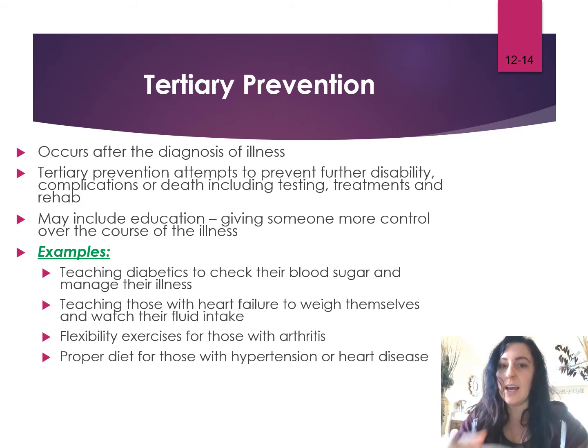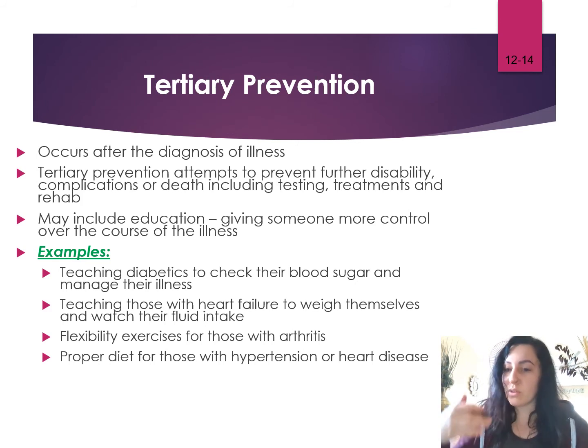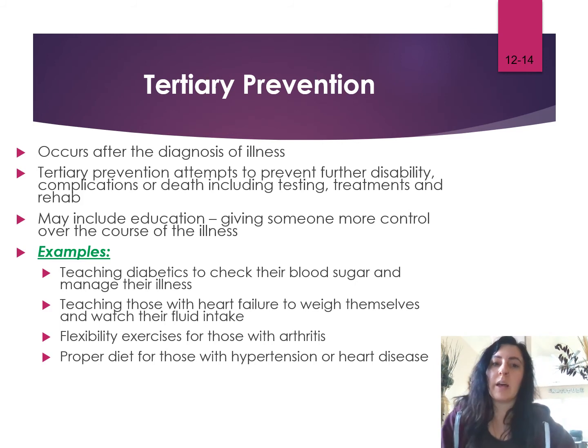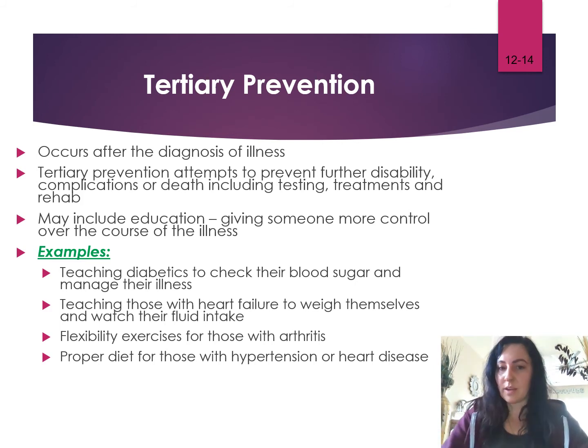Tertiary prevention attempts to prevent further disability, complications, or death, including testing, treatments, and rehab. So this may include education, giving someone more control over the course of their illness, but it doesn't necessarily have to just be education. It could also be rehab.